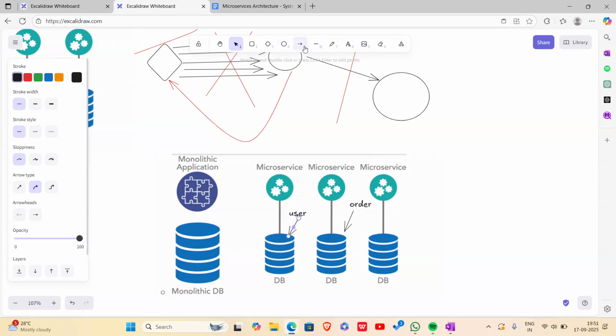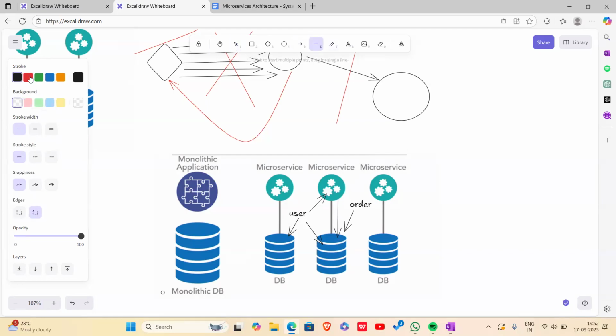If the user service wants to access the orders DB, it should get permission from the orders microservice, the order service, which then allows the operations on the orders database. Directly accessing the orders database from the user service is not allowed. So that's what they are saying.